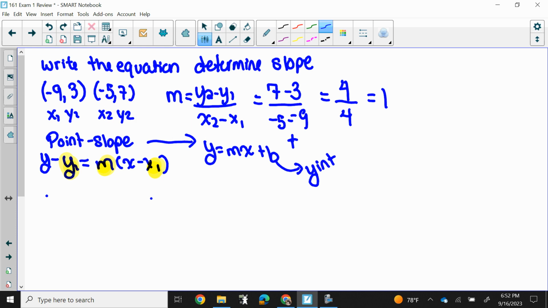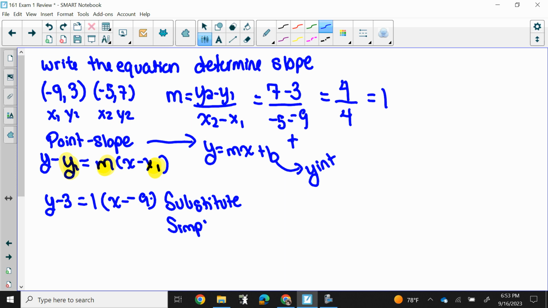So I'm going to do y minus 3 equals my slope, which is 1, times x minus x1. So that's x minus -9. So that first step is substitute. And then I always say you simplify. You probably skip this because you do it anyways.